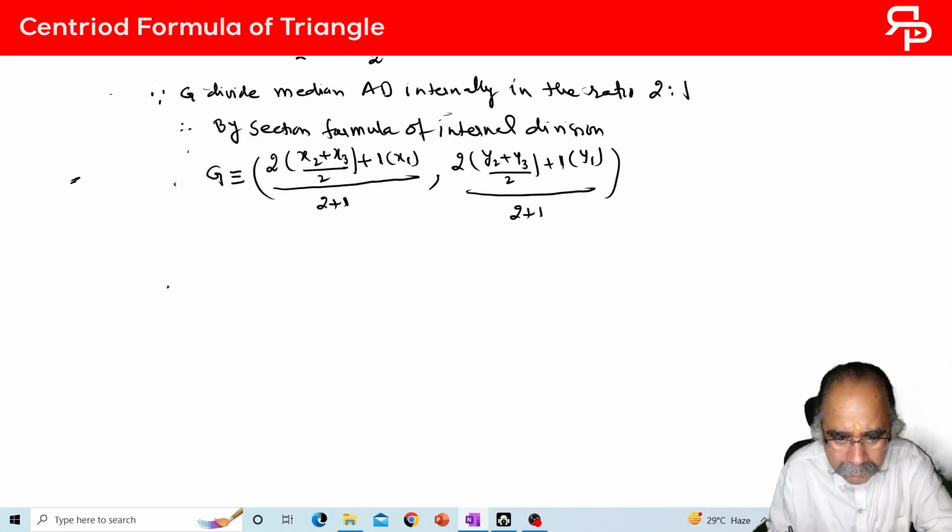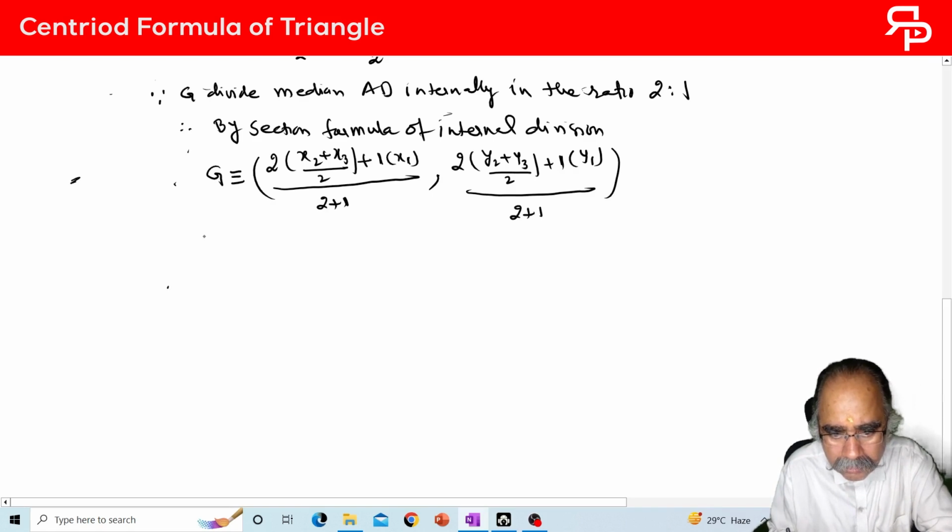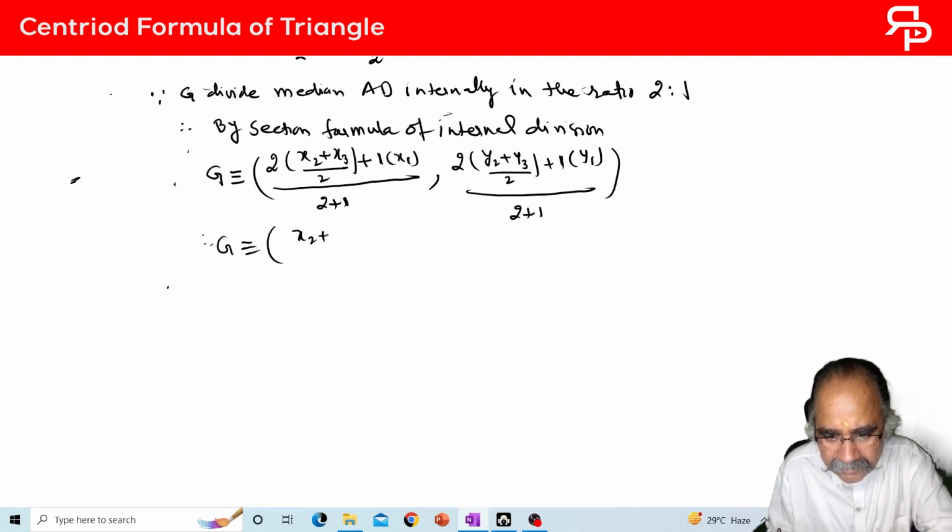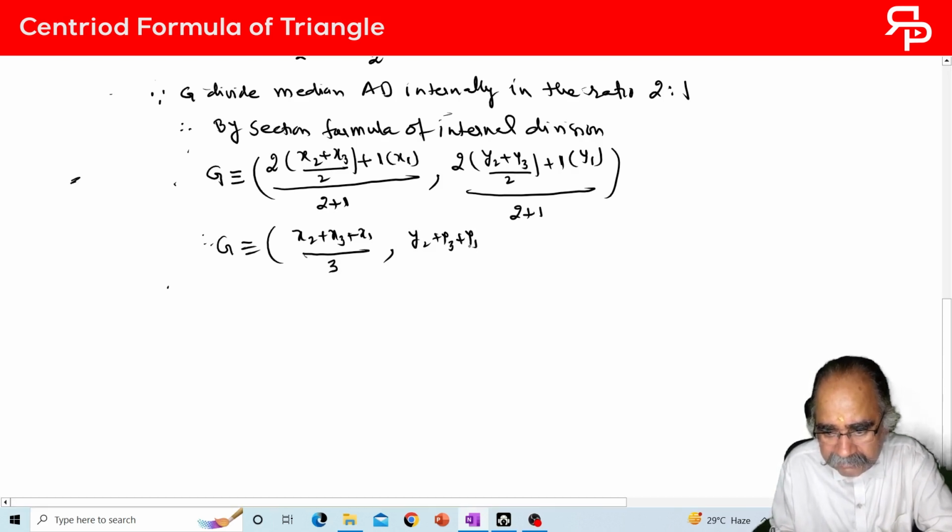Therefore, G corresponds to, now 2 will get cancelled, so you'll get x2 plus x3 plus x1 upon 2 plus 1, which is 3, y2 plus y3 plus y1, 2 will get cancelled, upon 3.